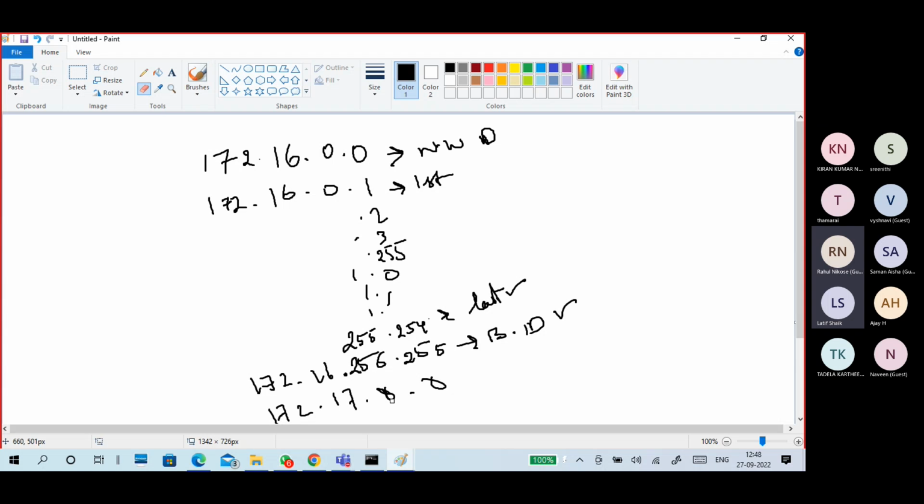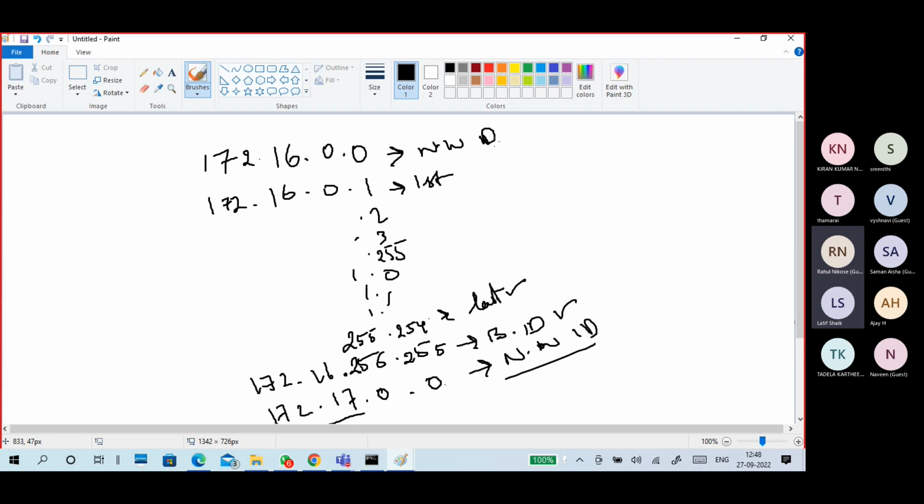These are zeros, so automatically the network portion has changed. This becomes another network, with another network ID.